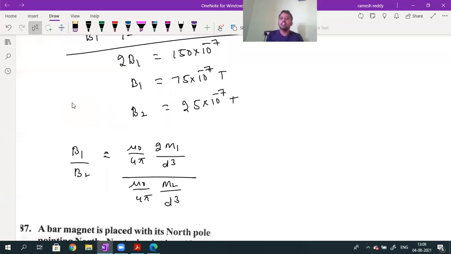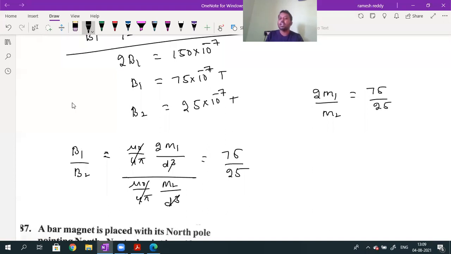Same distance. This ratio I already know: B1 is 75, B2 is 25. Mu naught by 4 pi cancels, d cubed cancels. Then finally what will I get? 2 M1 by M2 will be equal to 75 divided by 25.